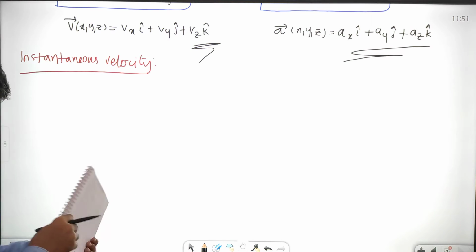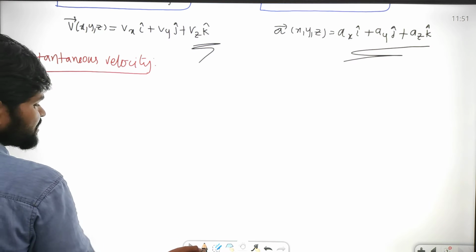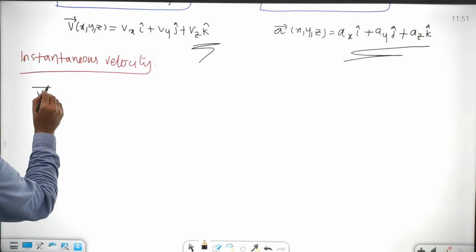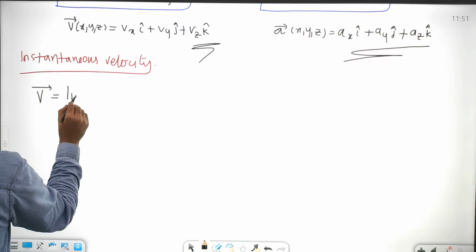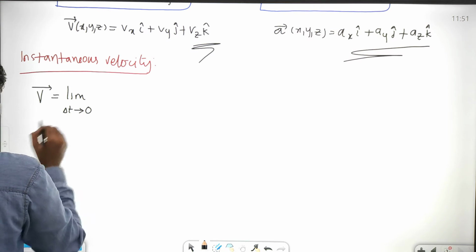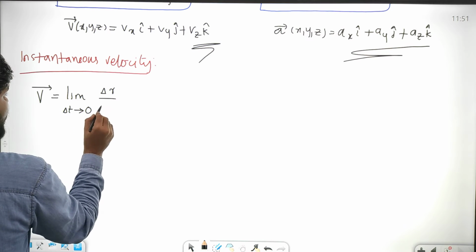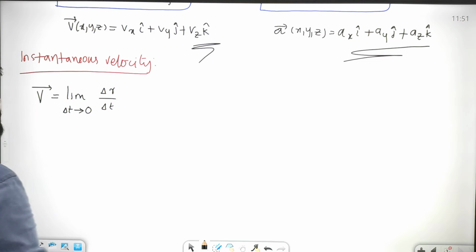The instantaneous velocity definition is the limit as delta t tends to 0 of delta r divided by delta t.